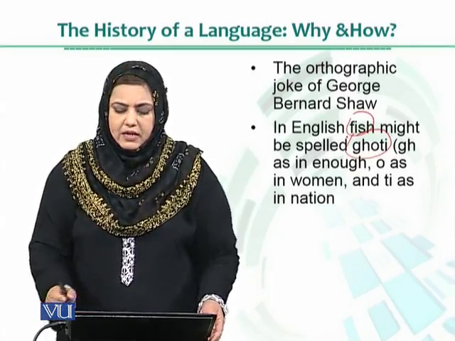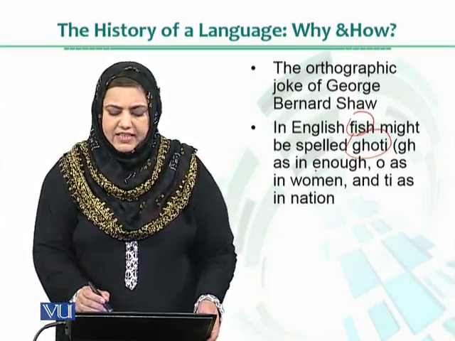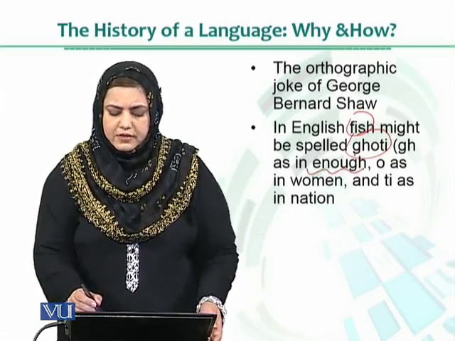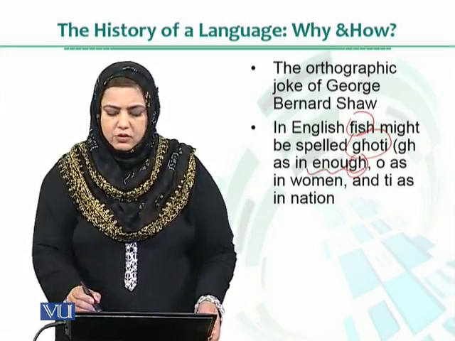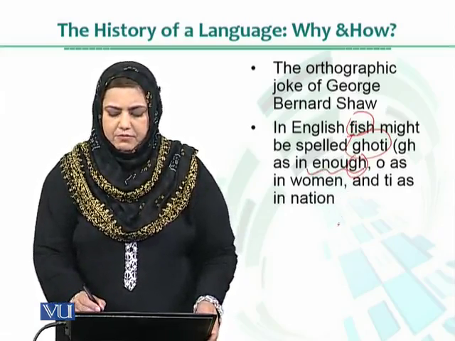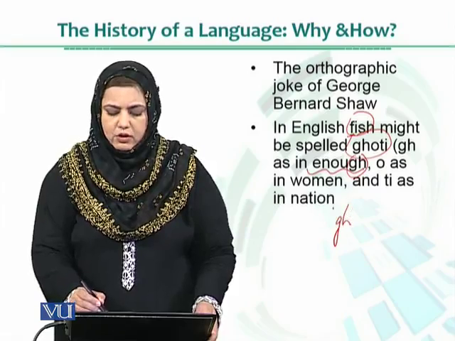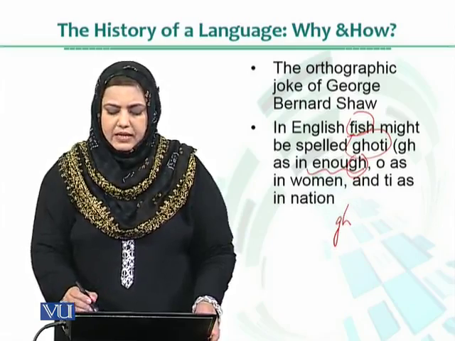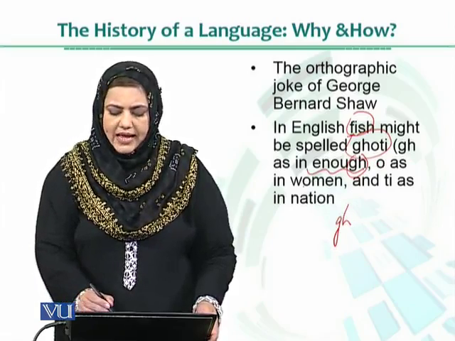What did he mean? He gave the example, look at the word enough. In enough, the f sound is produced by this. So, for fish, if we replace this first f with this, because this also produces the f sound in enough, and in the same way, this o as in women.